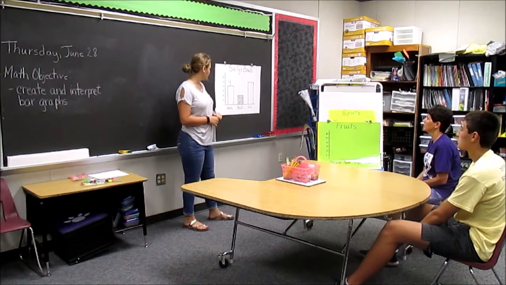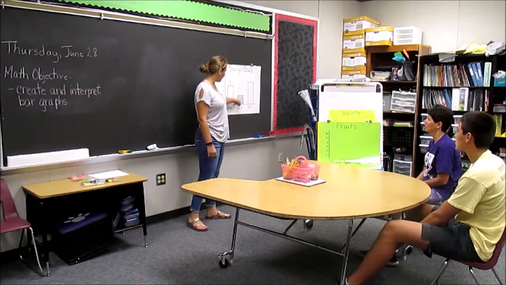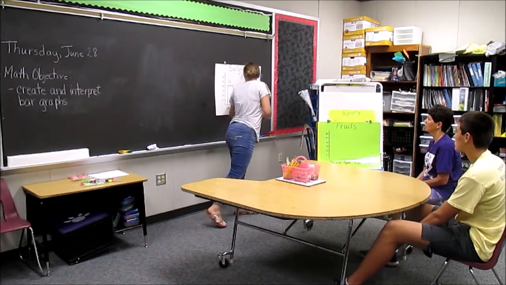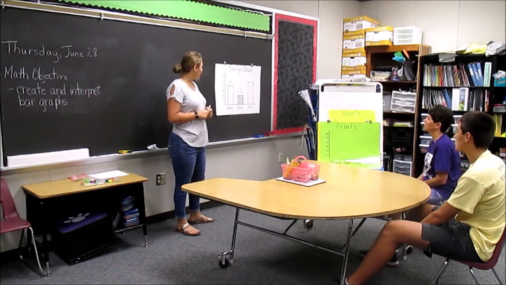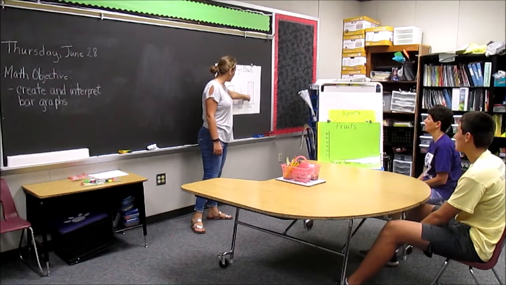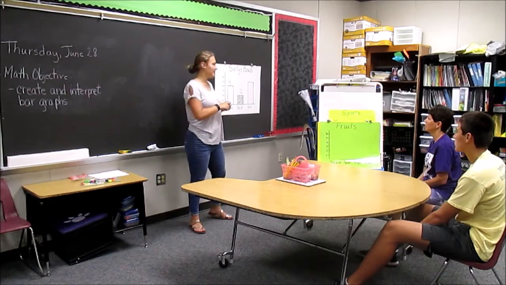The next one is black. If we start at the bottom and go up and over, we see that Sally has 2 black bows. And the third one is pink bows. If we start at the bottom and go up and over, she has 5 pink bows.